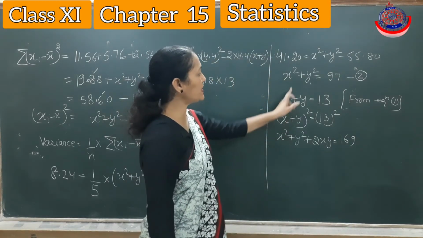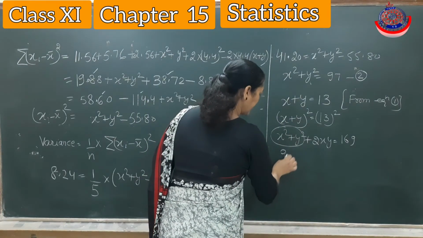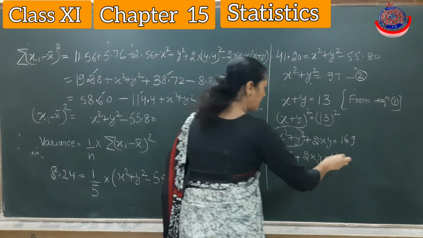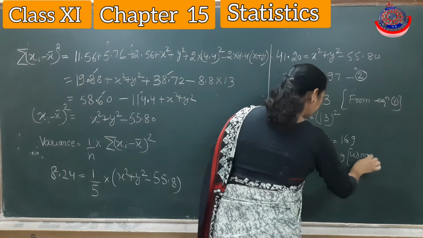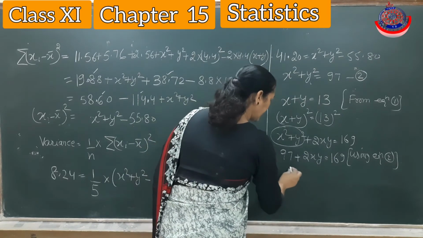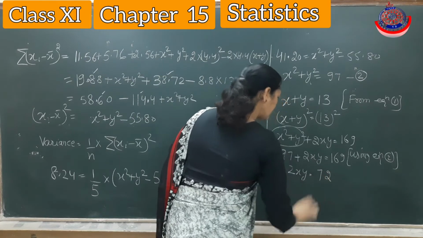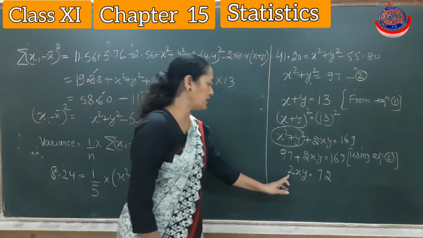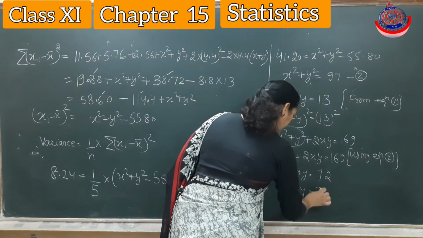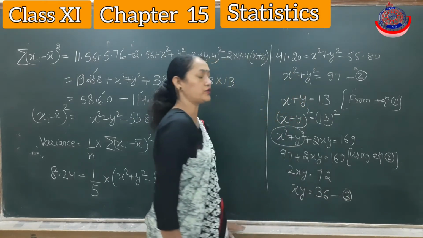Here this value of x square plus y square we can use from equation number 2, so here I will write 97. 97 plus 2xy is equal to 169. Now shifting this 97 to this side, we have 2xy equal to 72. Then if we shift this 2 to this side, we have x into y as 36. So let it be the third equation.